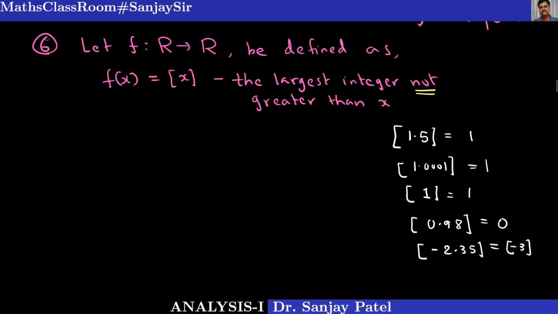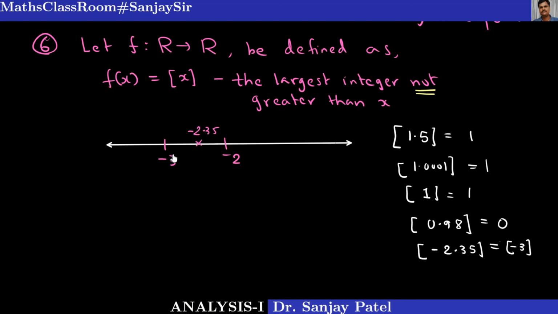So if I draw a line, on this line, minus 3 is here, minus 2 is here, and minus 2.35 is somewhere here.